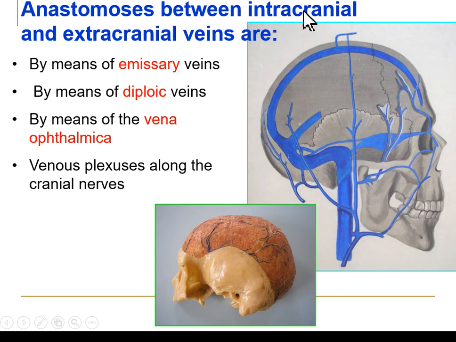Anastomosis between the intracranial and extracranial veins. These are intravenous anastomoses by means of the emissary veins, the diploic veins, the ophthalmic vein of the eyeball, and the venous plexus along the cranial nerves.